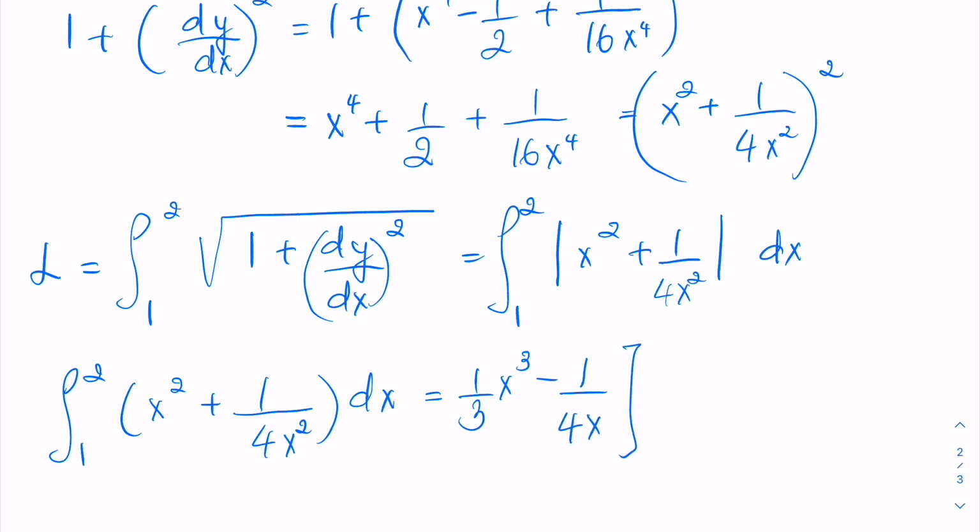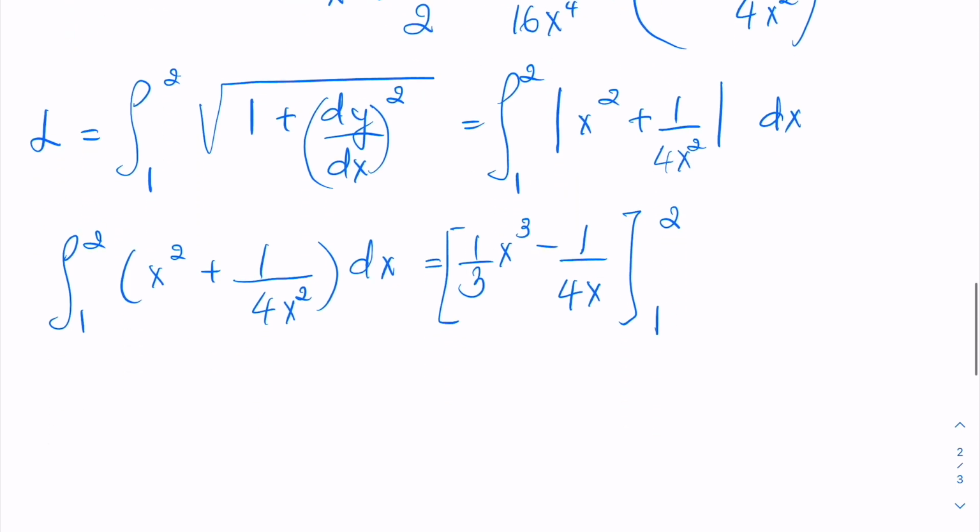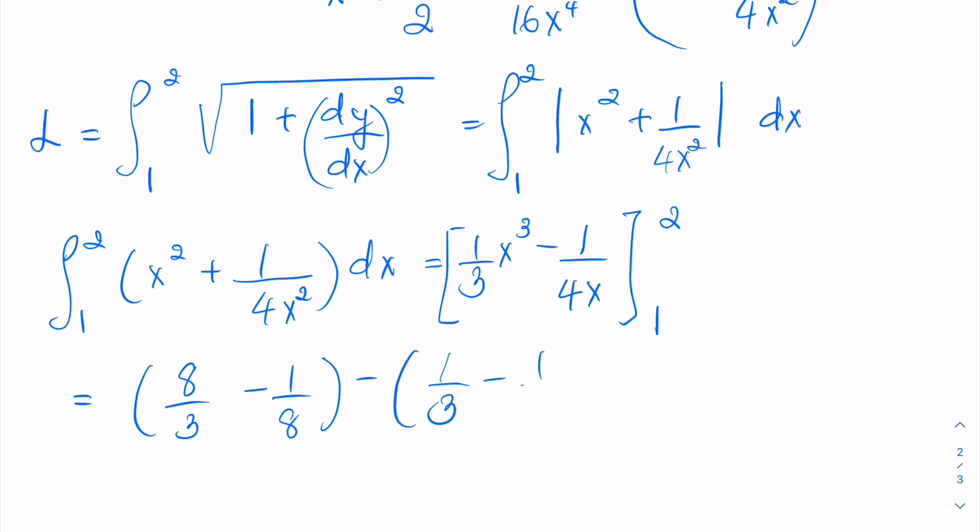And then we want to evaluate from 1 to 2. Okay. So if I plug it in, I should get 8 thirds minus 1 eighth minus 1 third minus 1 fourth. And all of that is going to be equal to 59 over 24.